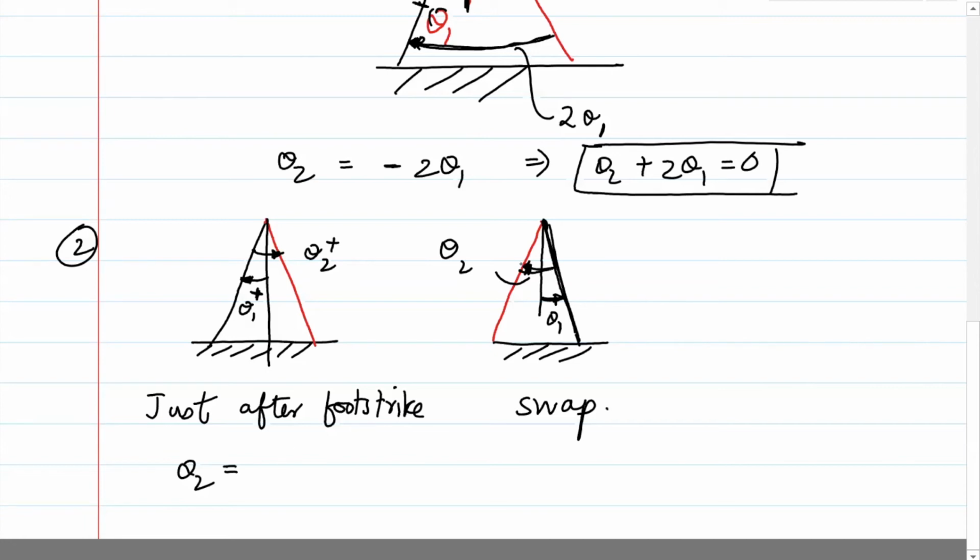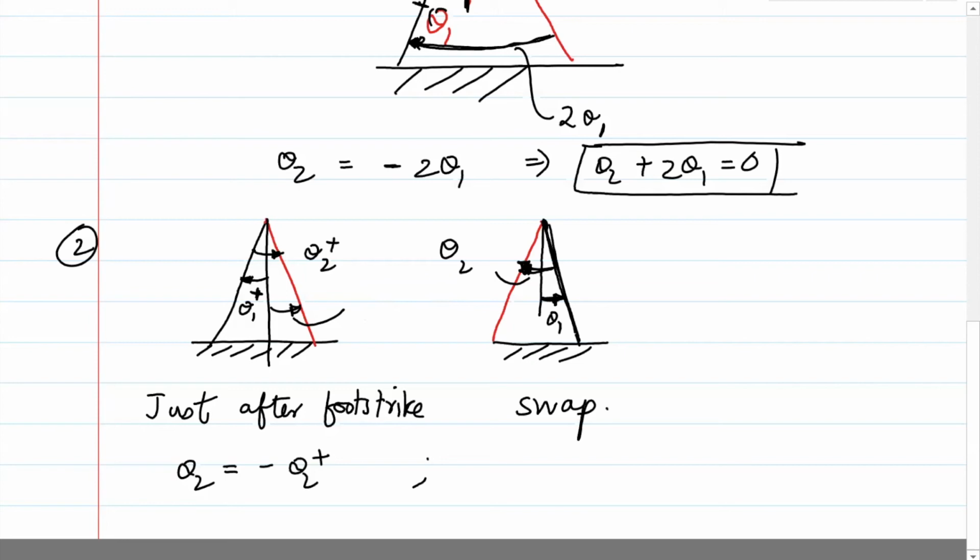This is in the direction shown, which is clockwise, and here it's shown as counterclockwise. So all I need to do is put a negative sign so that this angle theta 2 on the right side of the figure corresponds to the one on the left. And then for the theta 1 swap, this is the angle between the vertical and the black leg. This should be the same as this angle here. So I can write this as theta 2 positive minus theta 1 positive. Well, that's not right.